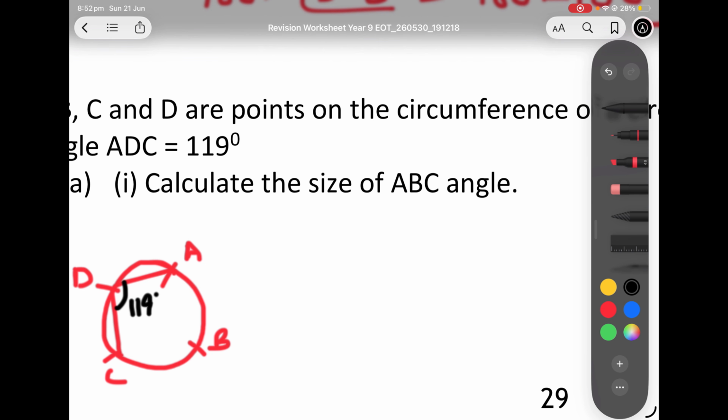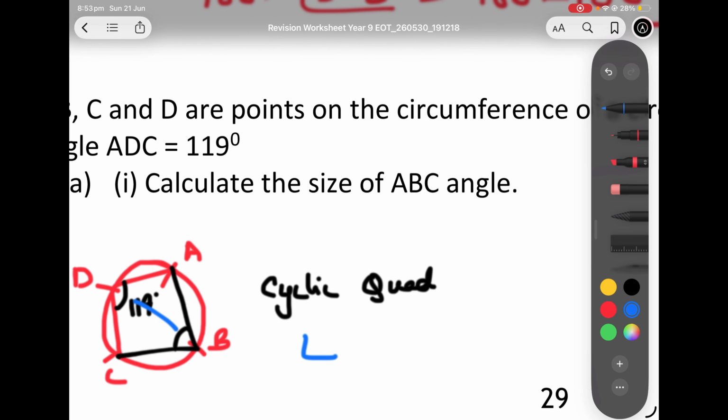Calculate ABC, this angle they want. So it is a cyclic quadrilateral. First of all, in a cyclic quadrilateral the opposite angles sum up to 180 degrees. So 180 minus 119, when I do it, it becomes 61.